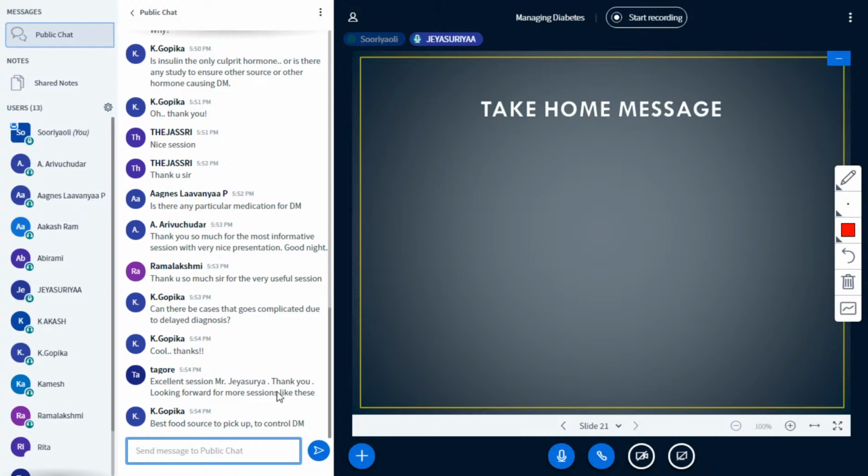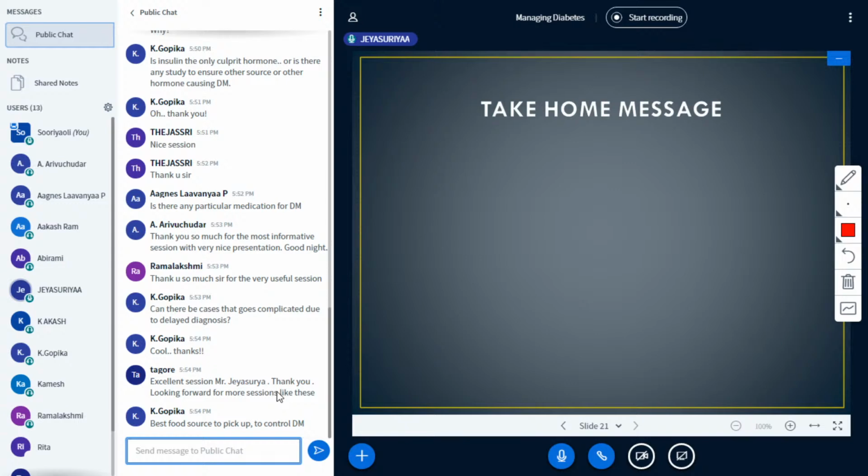Yeah, Ms. Gopika, best food source to pick up to control diabetes mellitus. As I mentioned, the food with low glycemic index will slow the increase of blood sugar.